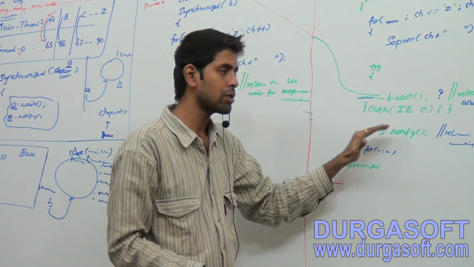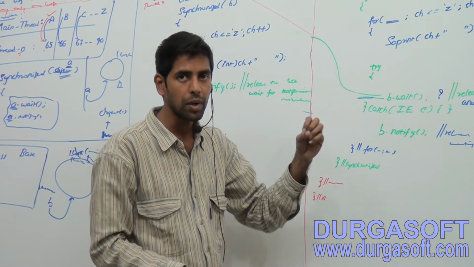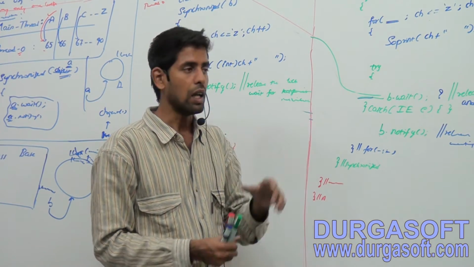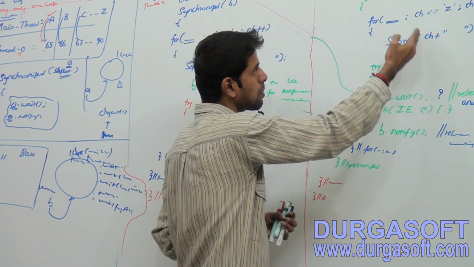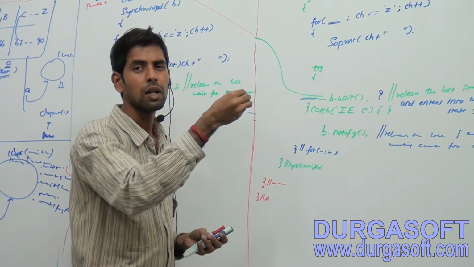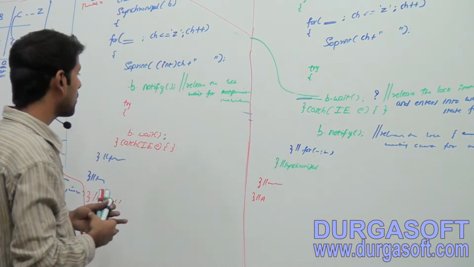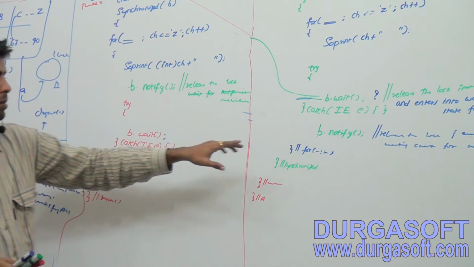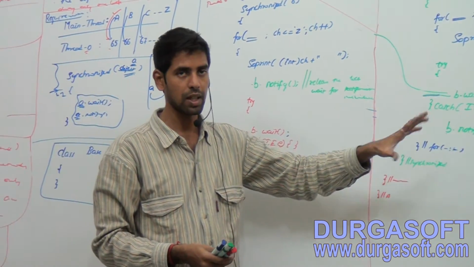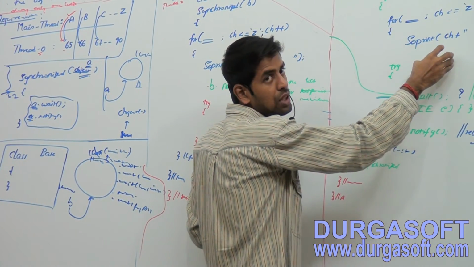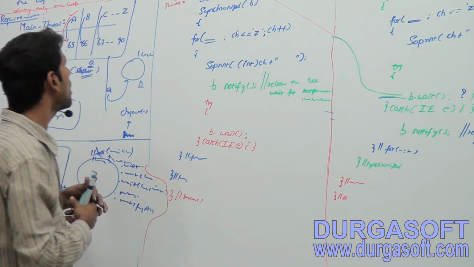It will not release the lock immediately, friends. It will go and execute this part, and after a particular period of time it will release the lock, but it will perform the updation. In the meantime it will come and execute this one.